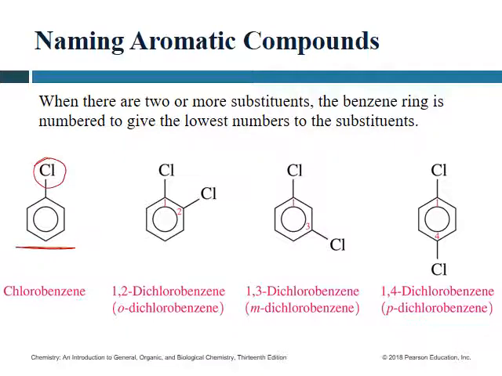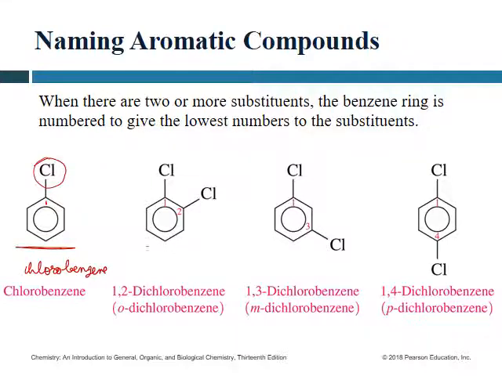The name would be chlorobenzene. Wherever the group is located, that would be your carbon number 1, because we always give preference to the substituent. So in this case, the substituent carbon is 1. Therefore, you could write this as 1-chlorobenzene. But since it is carbon number 1, you remember we usually don't use the 1. So it will be called chlorobenzene.